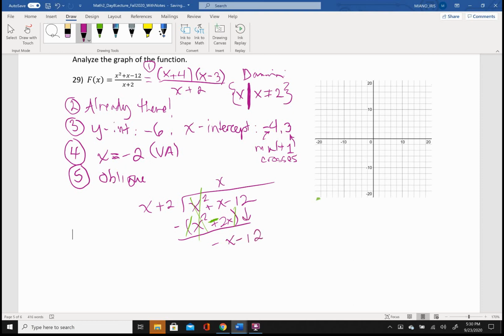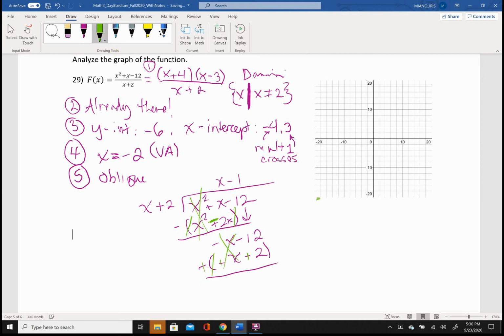So then the next digit in our quotient is going to be a negative 1, because what do you multiply this x by to get this negative x? Well, negative 1. So that becomes in the form of a subtracted 1. Multiply through and you'll get negative x minus 2. And then, of course, we'll have to subtract that binomial, changing the sign and operation of all that stuff there.